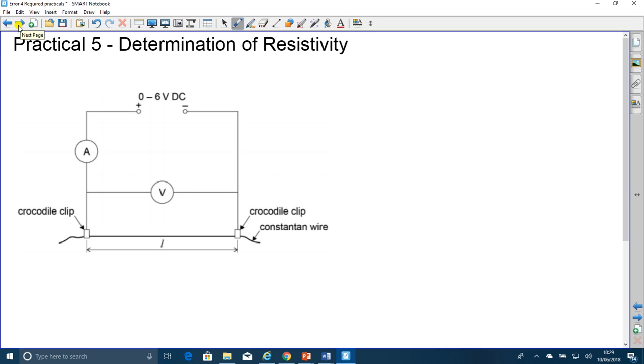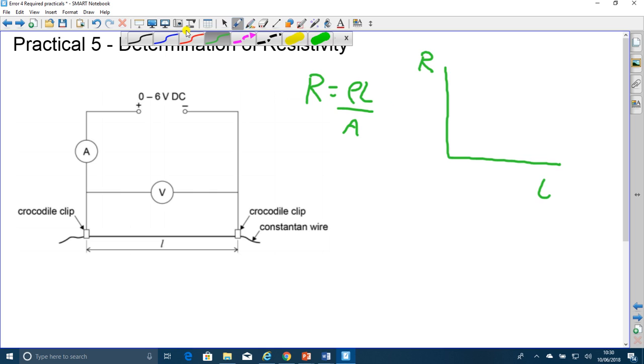is the determination of resistivity. So we've got some constantan wire here, and I suppose the equation you would use, R is rho L over A. So for something like this, what we'd normally do is do a graph of resistance against length. So here we would have resistance against length, and for this experiment here, you've got again y equals mx plus c.